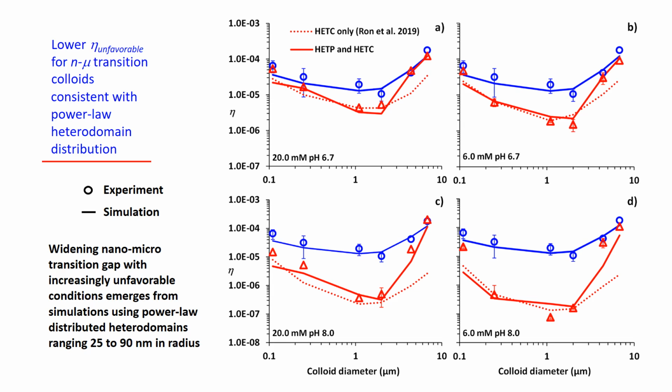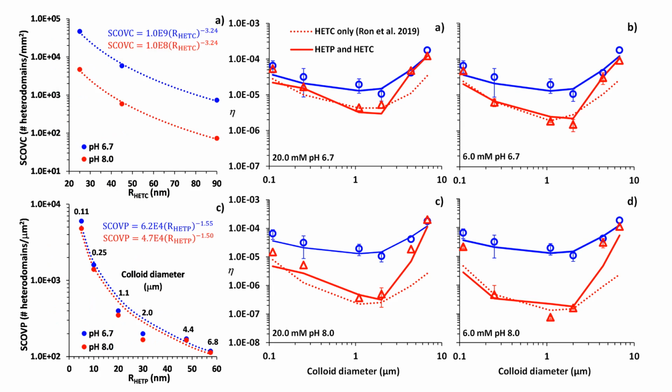So we don't quite close that gap for the largest colloids if we don't include heterogeneity on the colloid. When we do include it on the colloid, which is shown by the red solid line, we close that gap, have a nice match to the data, and we do this by incorporating heterodomains on the surfaces ranging from about 25 to, actually smaller on the colloid, 5 nanometers up to about 90 nanometers.